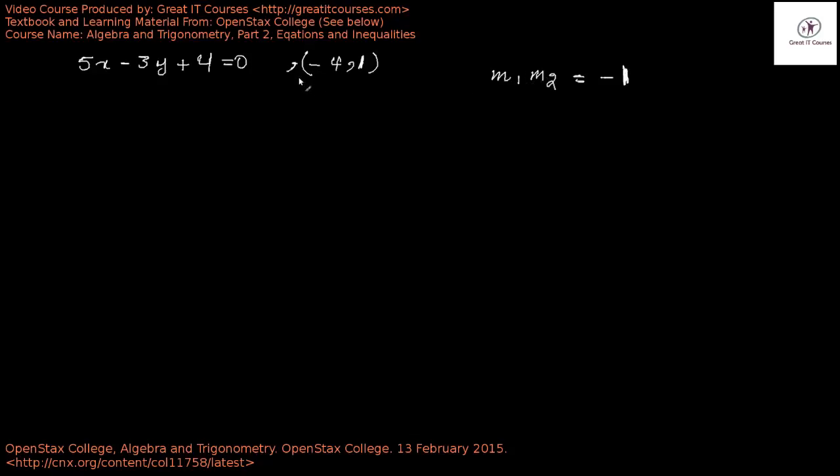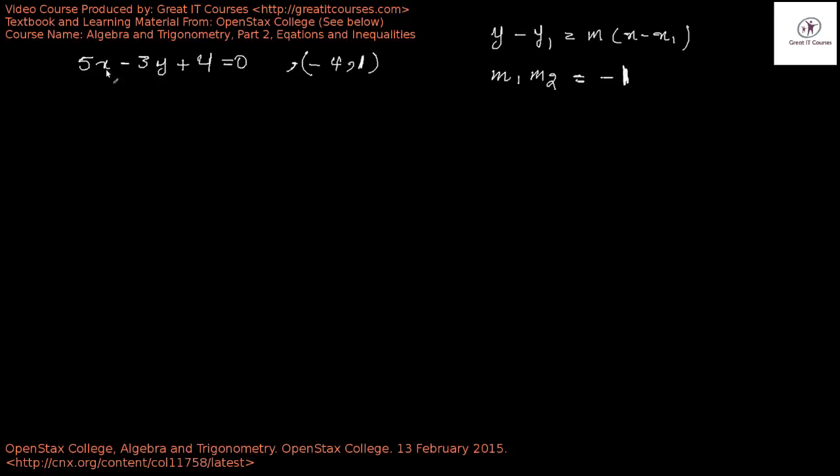And then for the new line, I have the slope, I have the point it passes through, so I can simply use the equation y minus y1 is equal to m into x minus x1, and then write the equation of the new line.